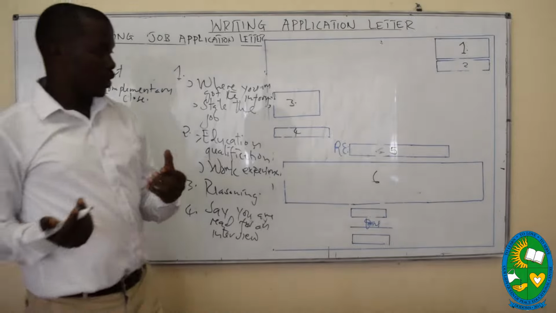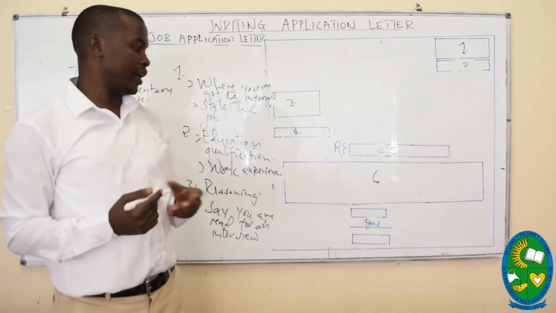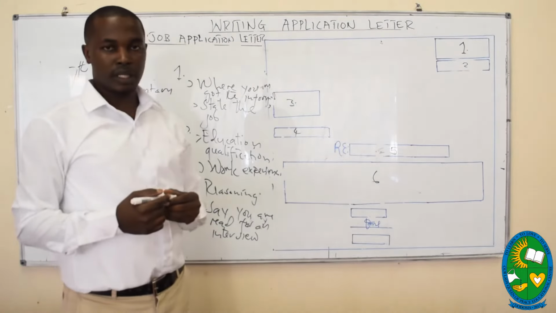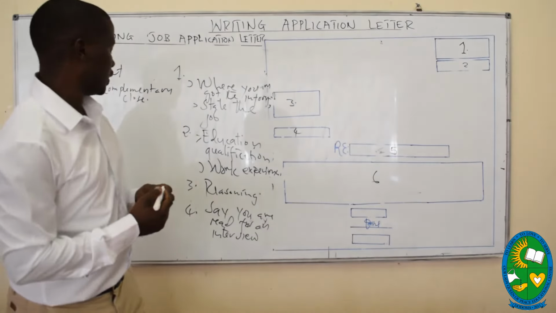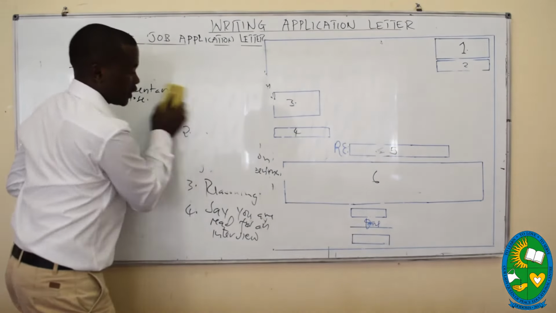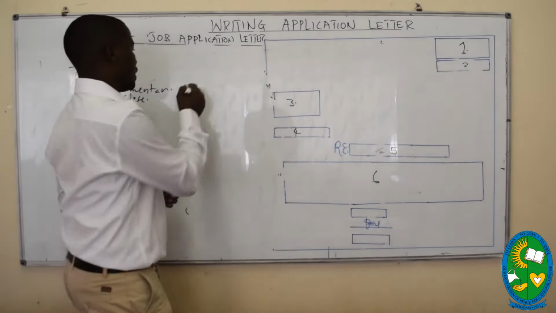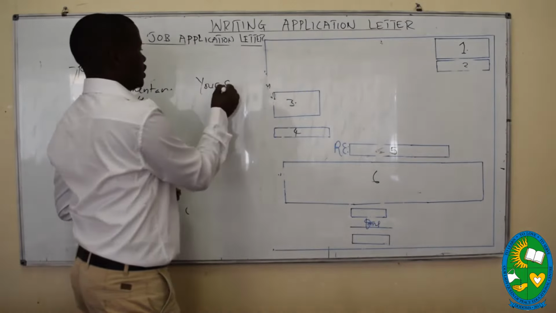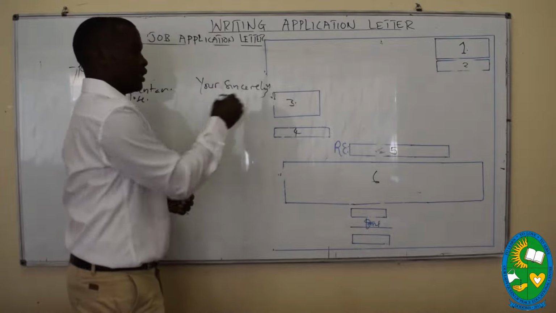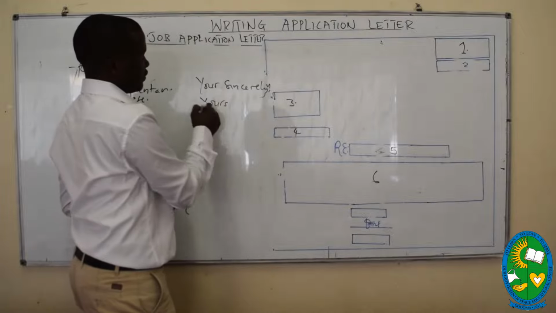So the complementary clause is normally used when you want to show respect to the person you are writing to. And here you can use the following expressions, like yours sincerely, or yours faithfully.